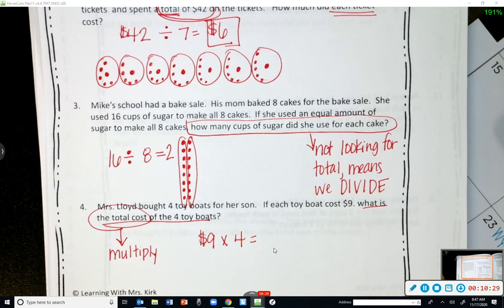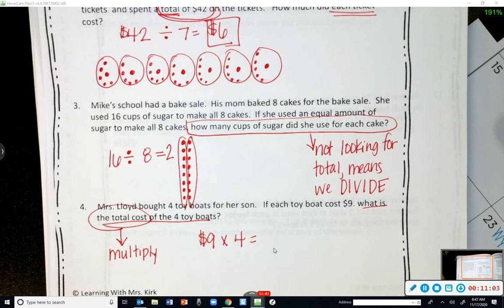Kelsey, what did you do? I multiplied, so I did 9 times 4, and I did 9 circles, like you did at the front, so I added, since I don't know how to count by 9s yet, and I counted these.